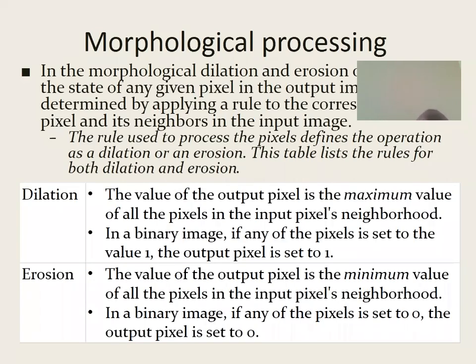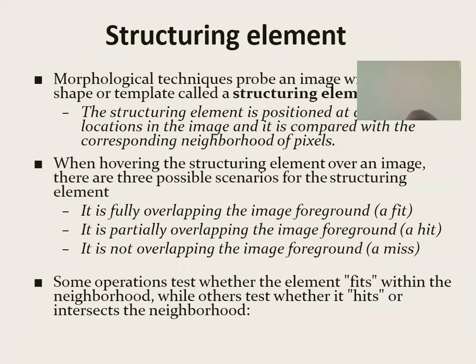So as a result, dilation enables enhancing the foreground or the picture element, and erosion is trying to improve the background, the place where the picture is not available. So the structuring element is critical for the effectiveness of erosion and dilation.